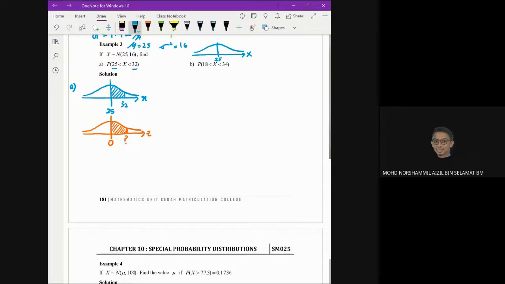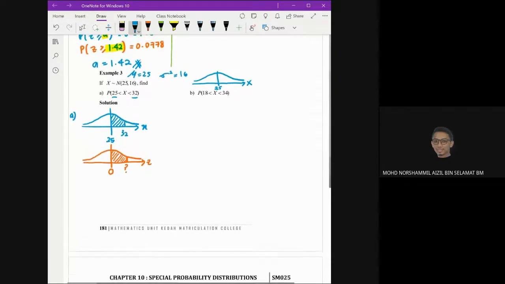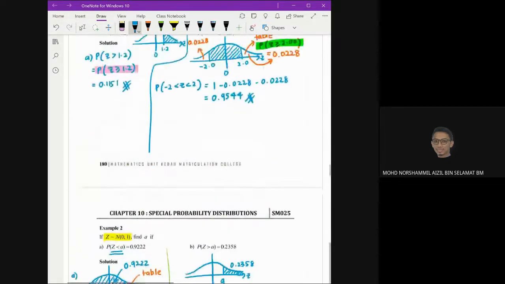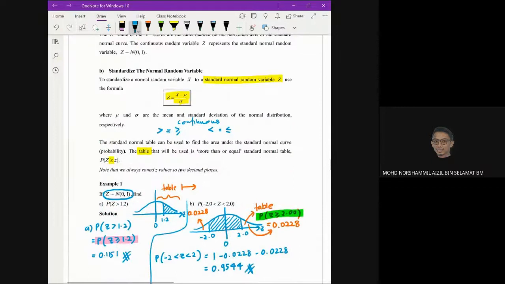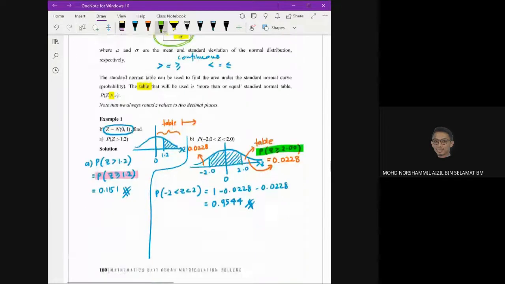So that's why we have the formula just now. This is our formula: Z equals X minus mu over sigma.